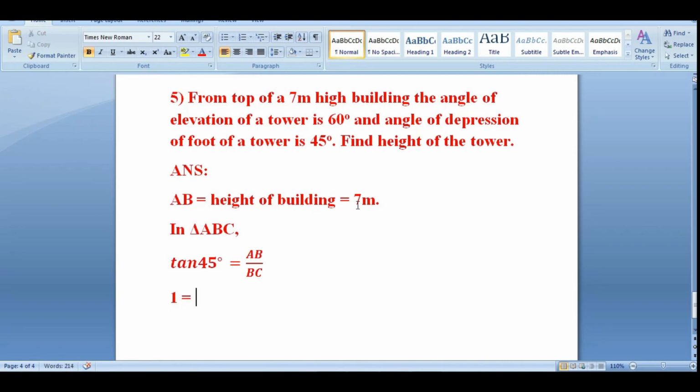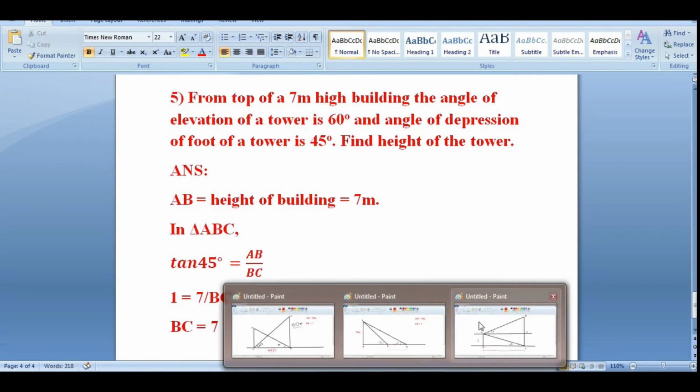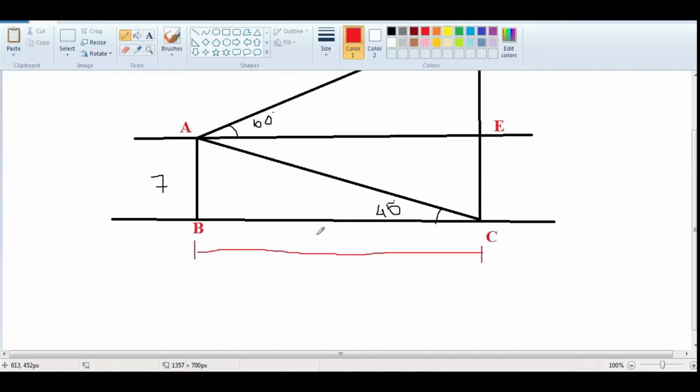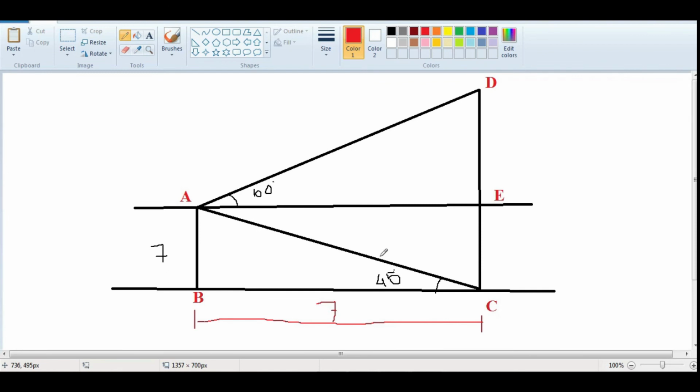AB is already given 7 meter, and we can easily find out the BC length. So BC is how much? BC is also 7 meter. Now we have got the base. So 7 meter means this AE line is also 7 meter.